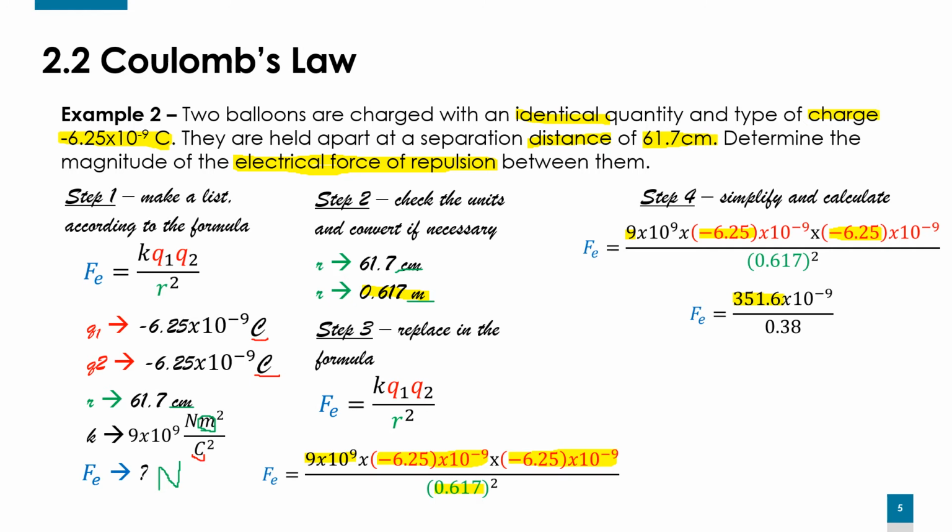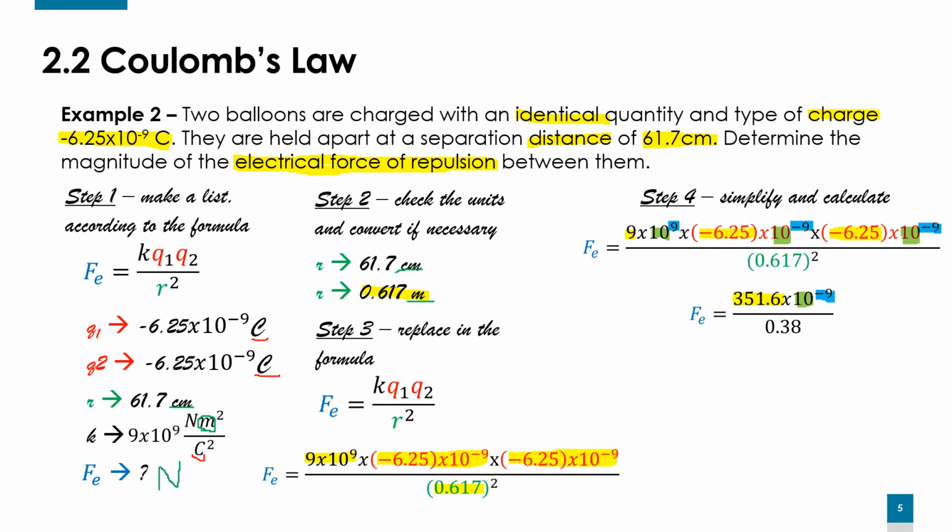What about the tens? I have 10 to the power of 9, 10 to the power of minus 9, 10 to the power of minus 9 again. What's the rule when I have exponents like that? I keep my base, in this case 10, and I add my exponents because I'm doing a multiplication. So I have 9 plus minus 9, which is 0, right? 0 plus minus 9, I get minus 9. Okay?